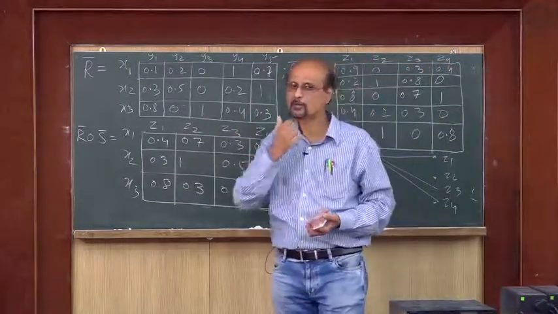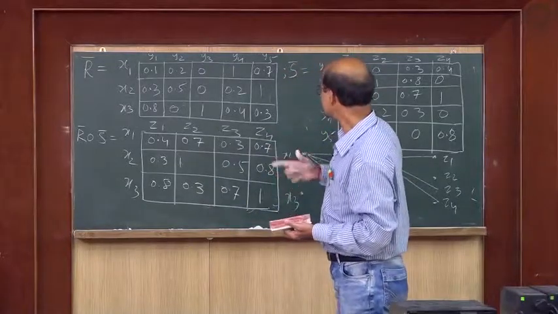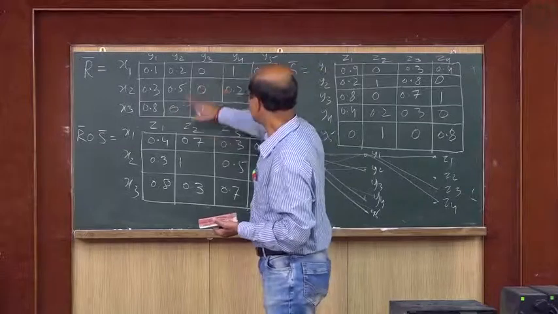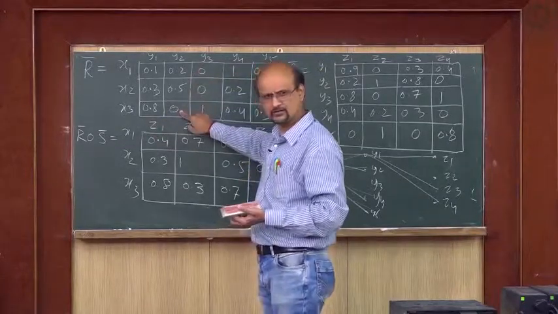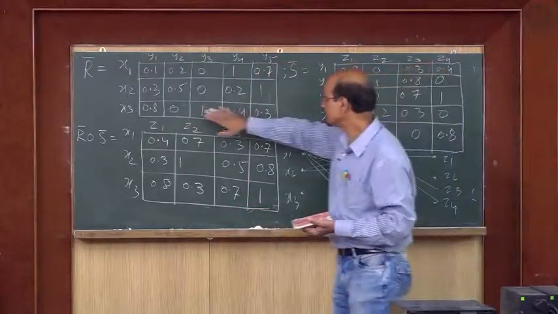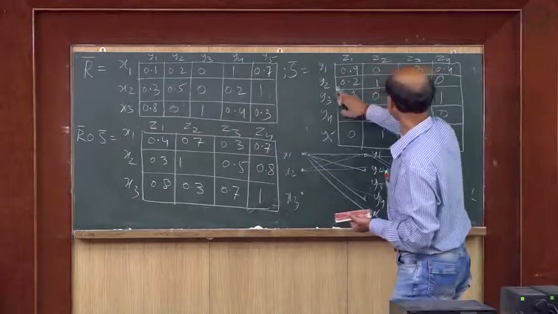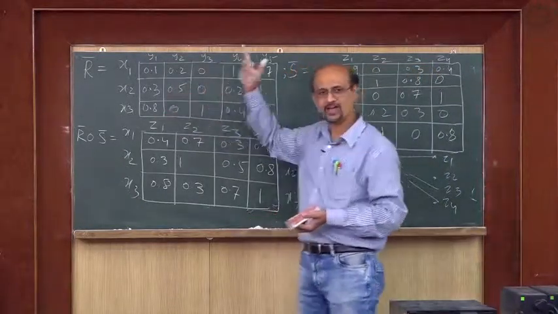Sir, if there is no relation between x3 and y2, how do you get relation between x3 and z1? See, we do not have x3 and y2, but you may have.